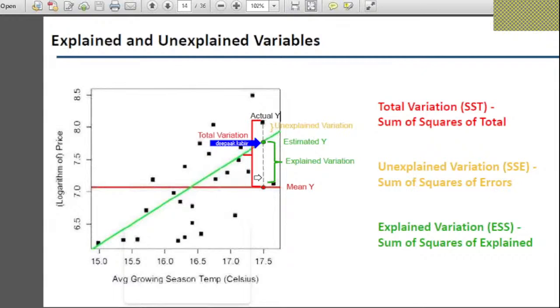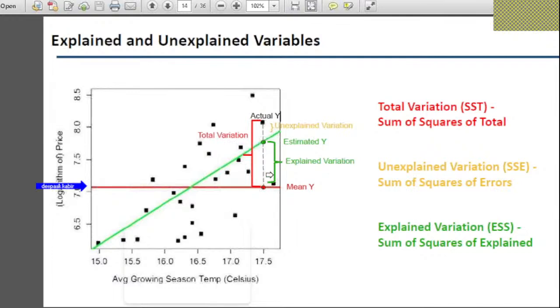This part that it is explaining, we call it explained variation, meaning the part that the regression line is able to explain and add value over the mean, over the base model. That is why this was considered the base model, right?